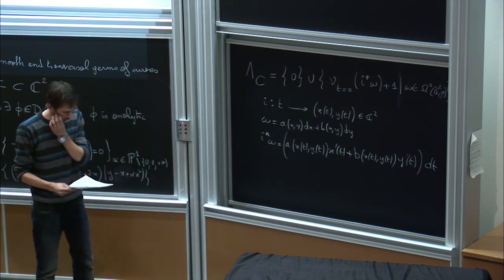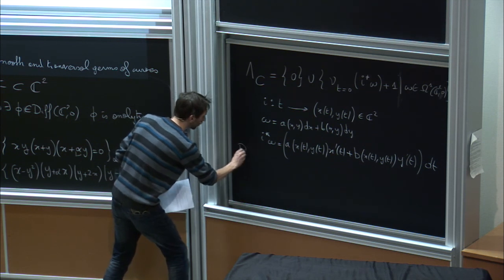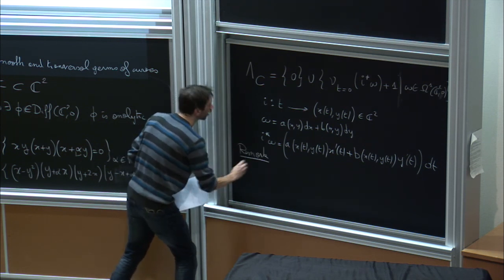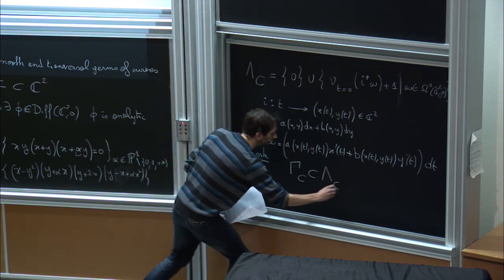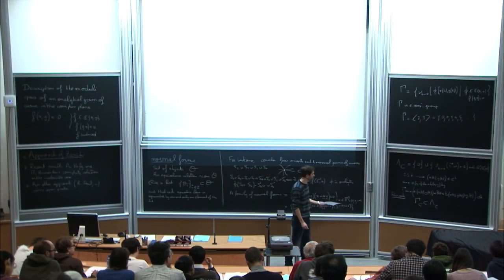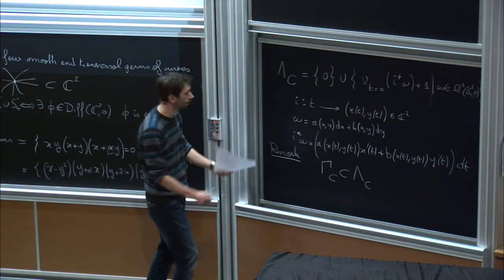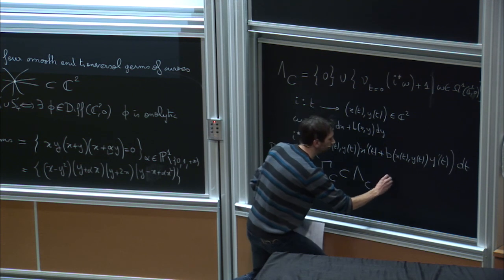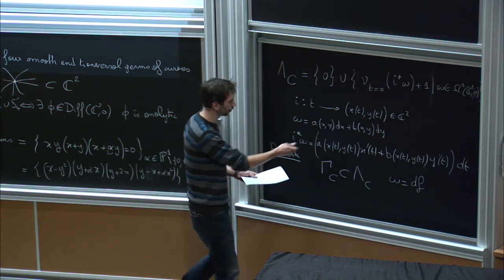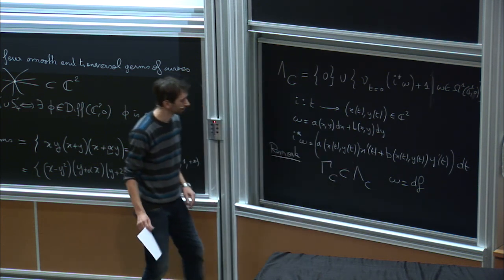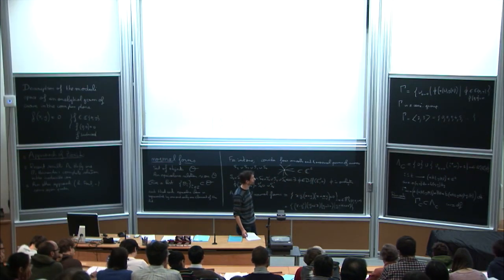So this is another set of integers, and you can see, remark, that gamma c, the set of valuations of the semi-group of the curve, belongs to this new set of integers. This is just because if you put omega equal to df, then you can see that this comes from choosing to evaluate this valuation with a form that is exact.